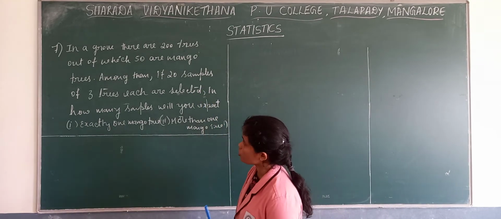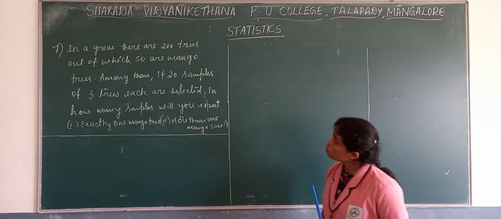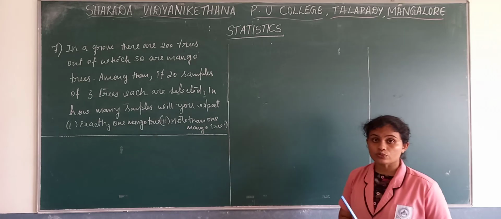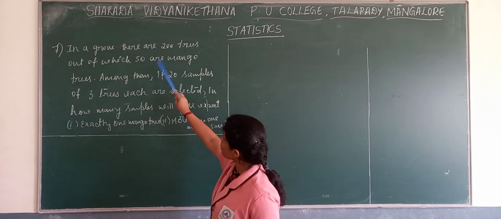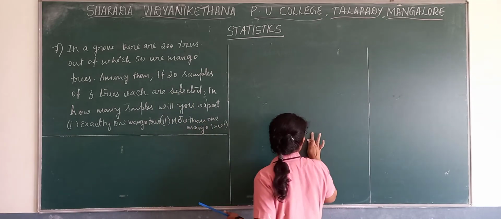Now read the question. We are in the seventh problem. In a group there are 200 trees, out of which 50 are mango trees.